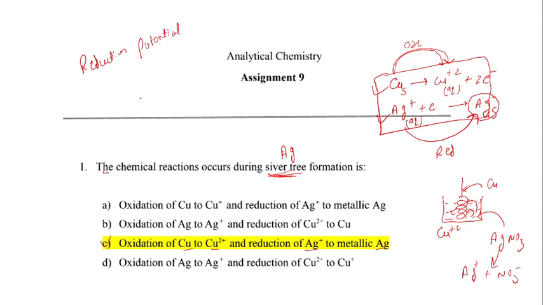Generally we write reduction potential in the form of E. First of all we write the oxidized form, suppose Ag+ and Ag. Writing in this way represents Ag+ converting to Ag. How much potential does it require?